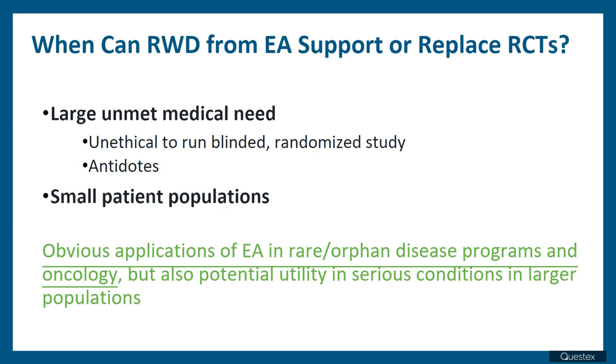We've noted in one of the examples an antidote, uridine triacetate, to treat chemotherapy overdosing. There were a very small number of patients available, and it was approved based solely on 135 patients in an expanded access program. So again, overall, depending on your program, your product, your indication, there are opportunities where data from expanded access can serve in lieu of data from randomized controlled trials.